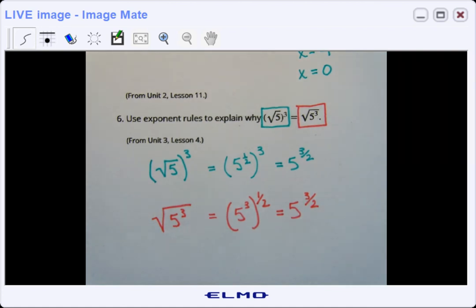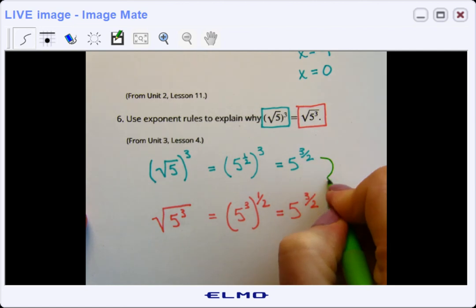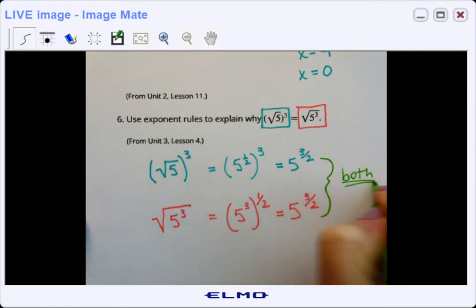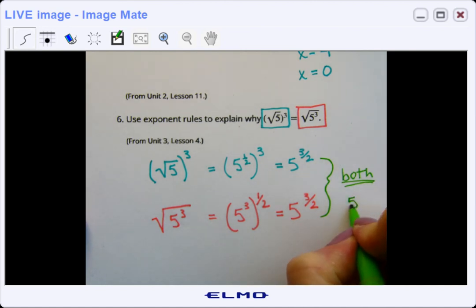Okay, so by that, isn't that called the transitive property of equality that you learned in geometry last year? If I can say, oh, well, look at this. They are both equal to 5 to the 3/2.